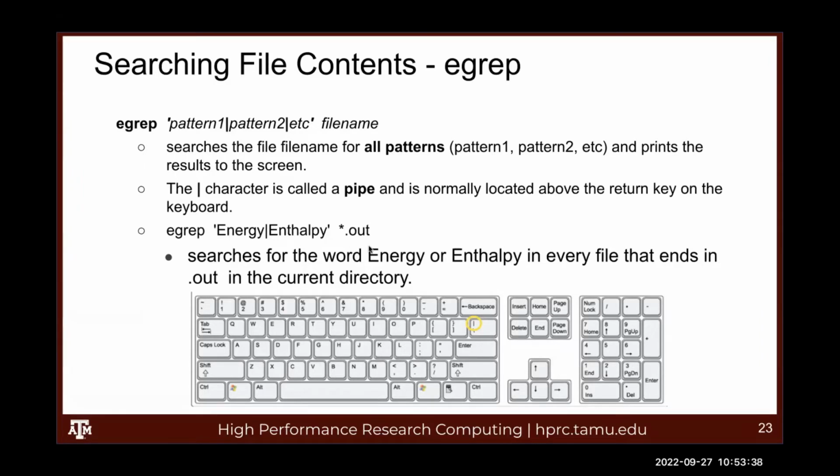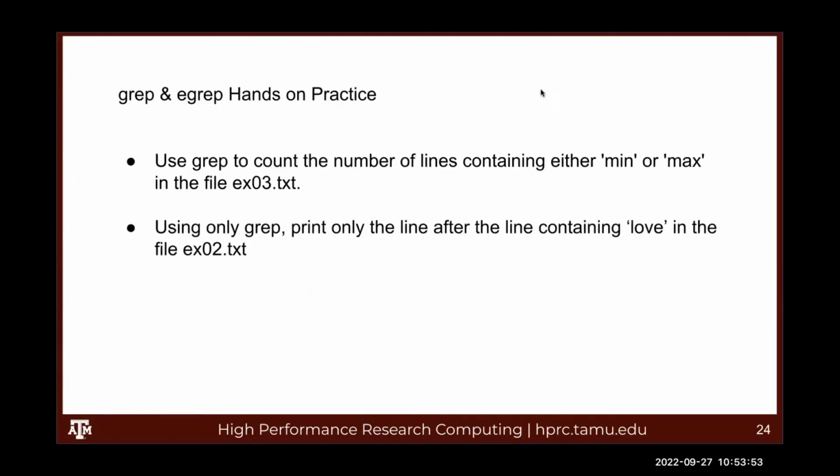Okay, so let's do a bit of practice with grep. So use grep to count the number of lines either containing the pattern min or max in example file 3. And maybe then you can use wc -l to see how many lines that is, if you wish.